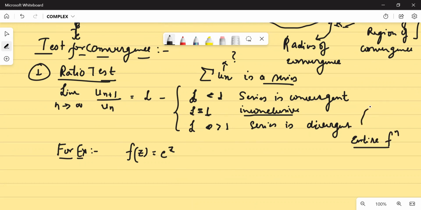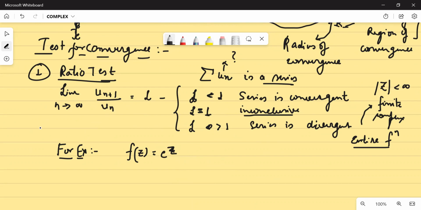That is, it would converge on the entire finite complex plane. And what is your finite complex plane? This is nothing but mod z less than infinity. This you know. So let us take the example e to the power z, and first find whether this series is convergent or divergent or what.